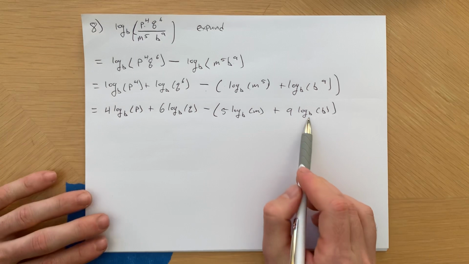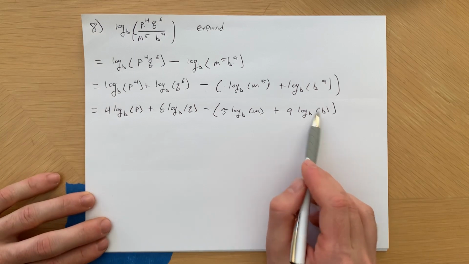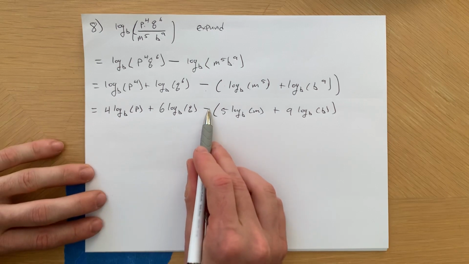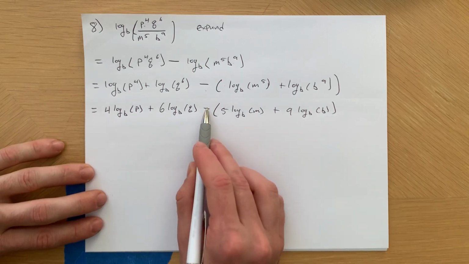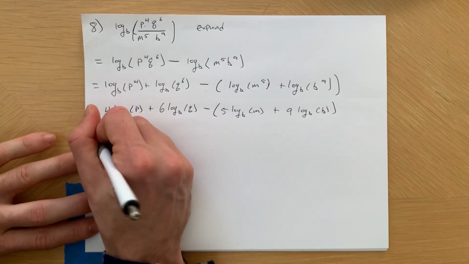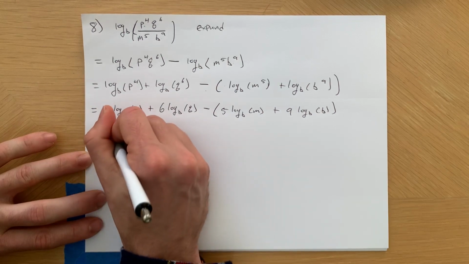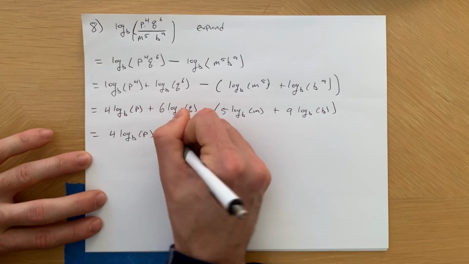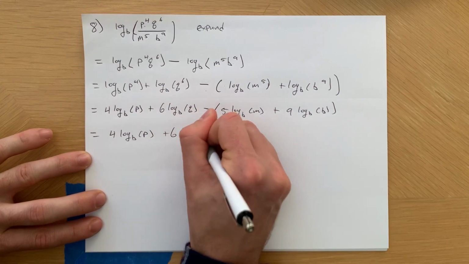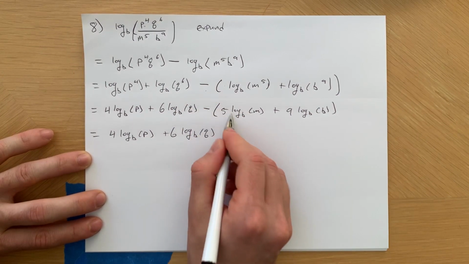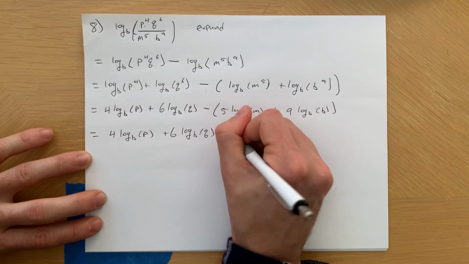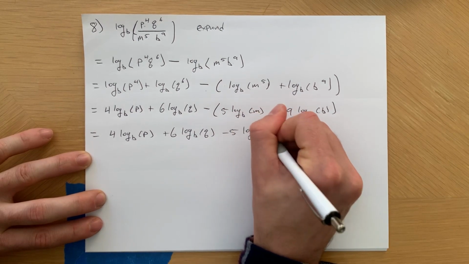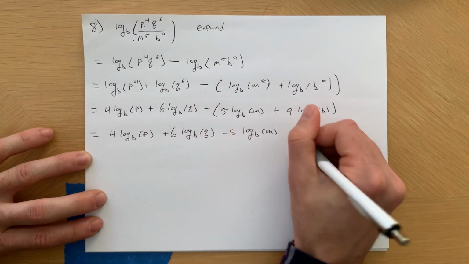And then the next step, we'll notice that this log base b of b is just 1, so this piece right here is really just 9 times 1. Okay, so now the next step is to distribute this minus sign. So let's just rewrite these first two pieces. We'll have 4 log base b of p plus 6 log base b of q, and minus 5 log base b of m, and then minus 9.